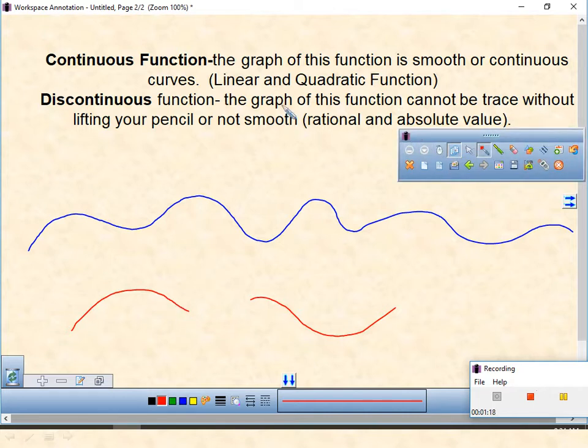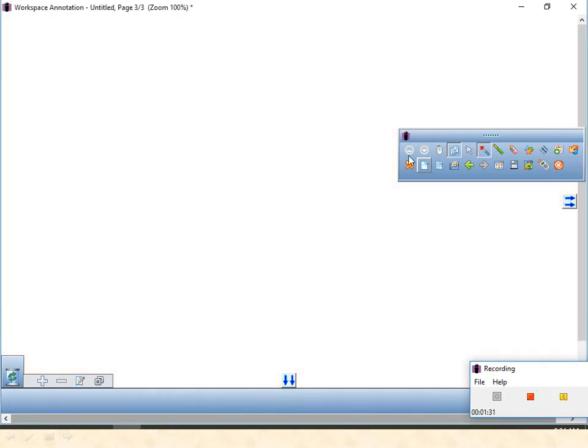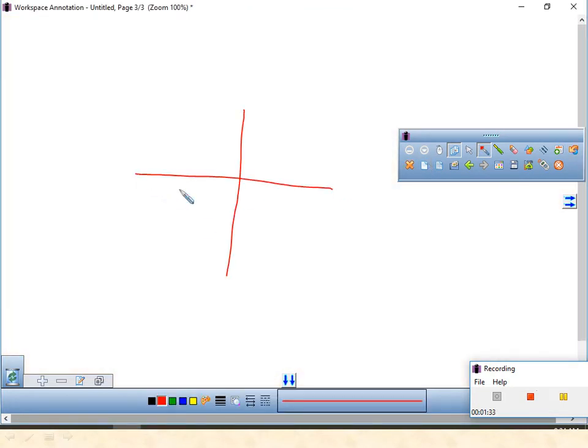Now, the graph of this kind of function cannot be traced without lifting your pencil, or it is not smooth. One instance is this rational function. If you were to draw the rational function, remember it's this shape right here. But notice that in order for me to draw the other half, I had to pick up my pencil and start drawing it again.